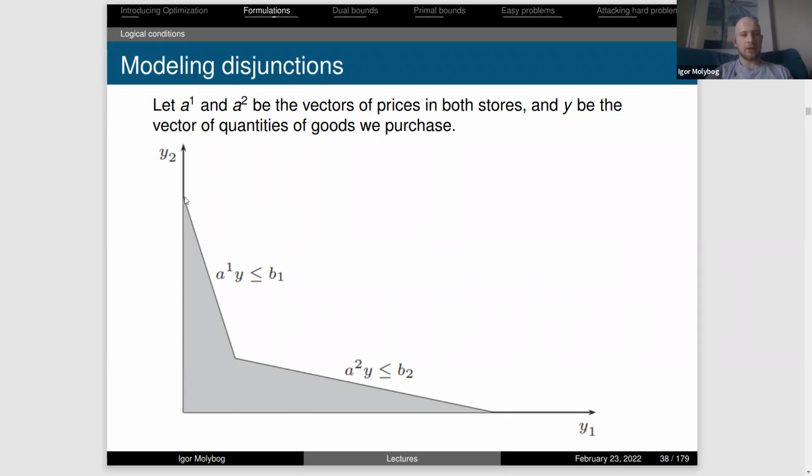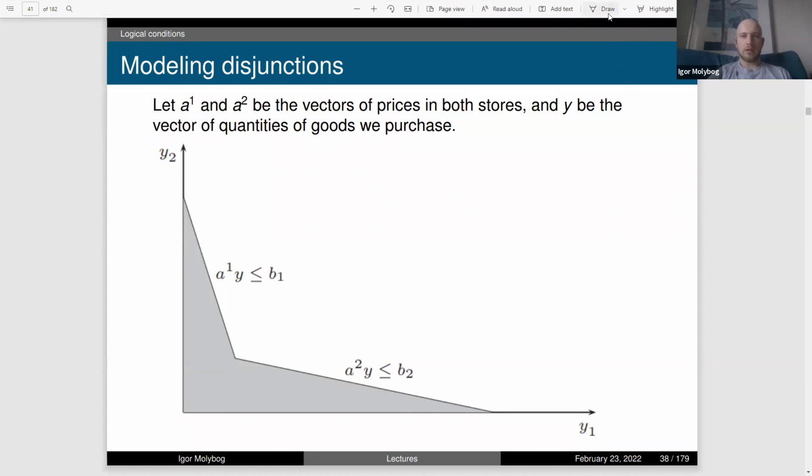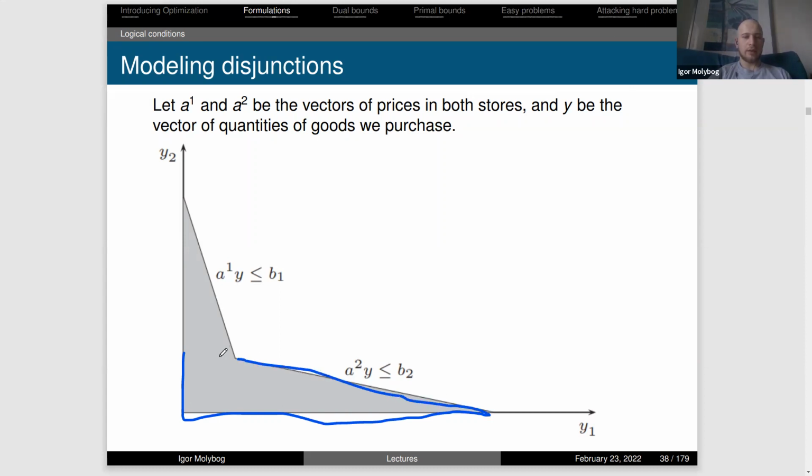So basically, your feasible set has the following form, where your set of purchases in y1 is going to be this triangle here if you go to the first shop, and your set of purchases is going to be this triangle here if you go to the second shop.